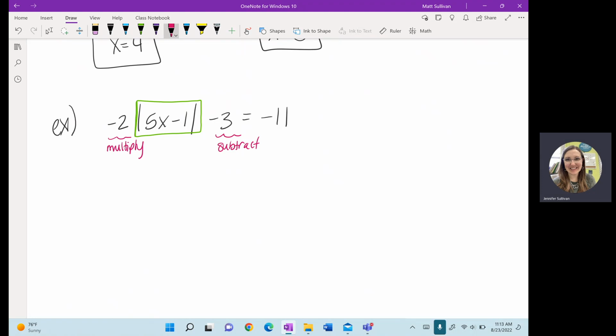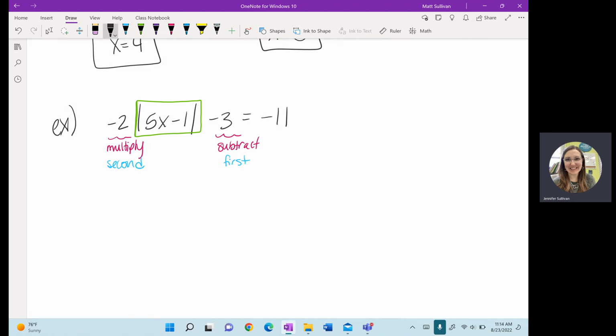So when we are undoing, we still follow the same rules that we had before, where I undo any adding or subtracting first. Then I undo any multiply or divide. So the order here is very, very important.